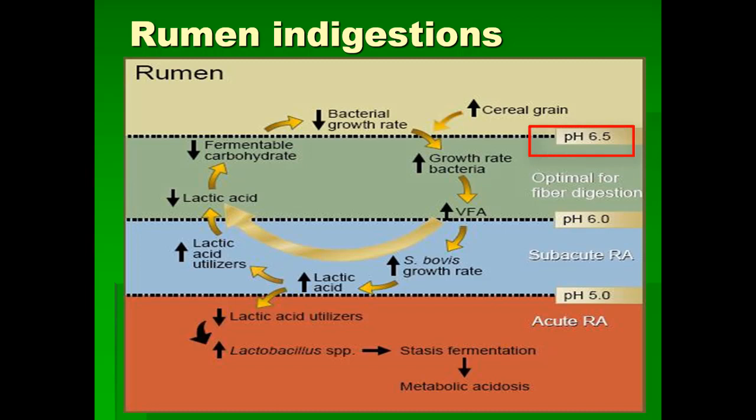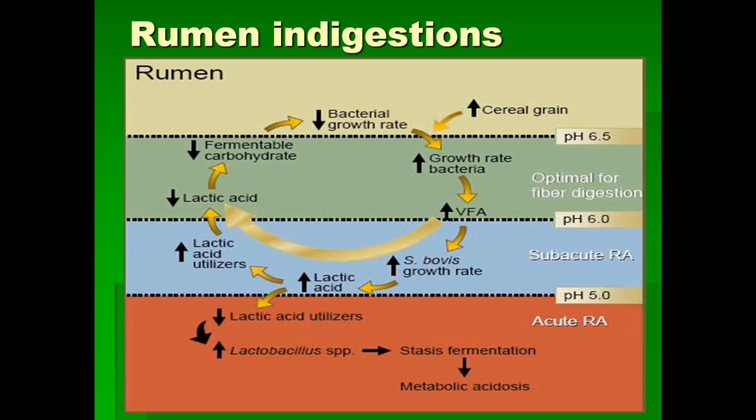And if they ingest too much food with high carbohydrates, there will be an increase in Streptococcus bovis that produce lactic acid, and that is going to favor the proliferation of bacteria that are gram-positive, like the lactobacillus, that produce even more lactic acid and lowers even further that pH.